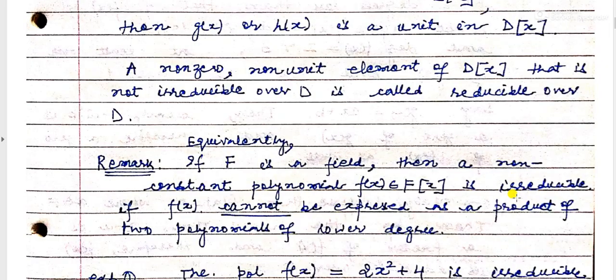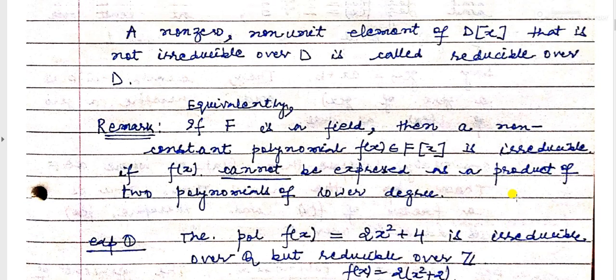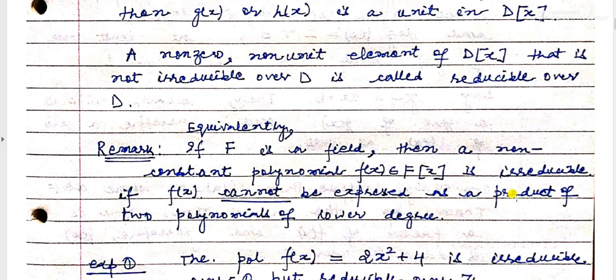So now we will see some examples. First example is this: f(x) = 2x^2 + 4. This belongs to Q[x] as well as to Z[x]. If we factorize this, then we can take 2 common.